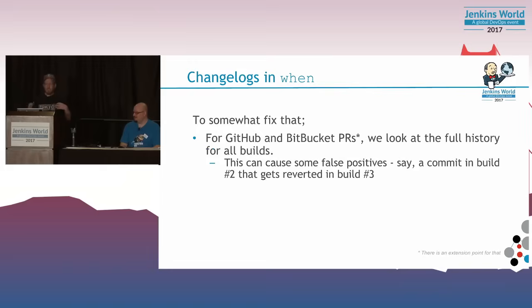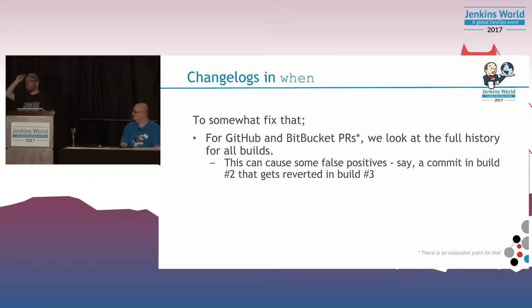So to fix some of the hassles, particularly with PRs, for GitHub and Bitbucket pull requests currently, and this is an extension point, so other SCM branch sources like Perforce or SVN or GitLab can implement this themselves.